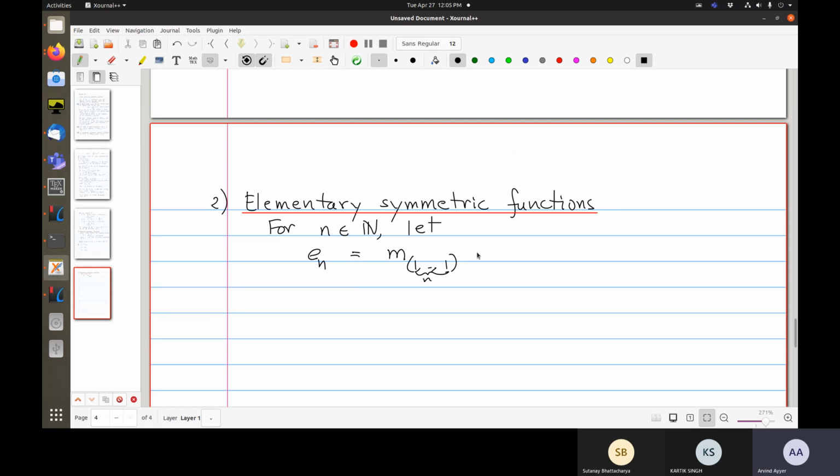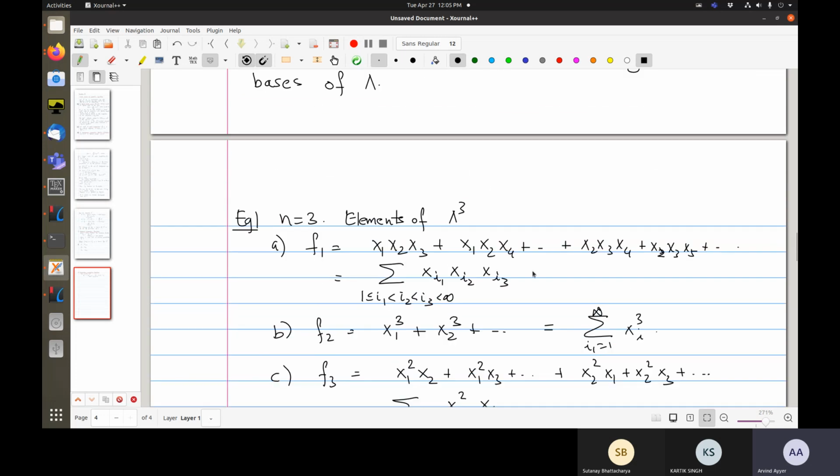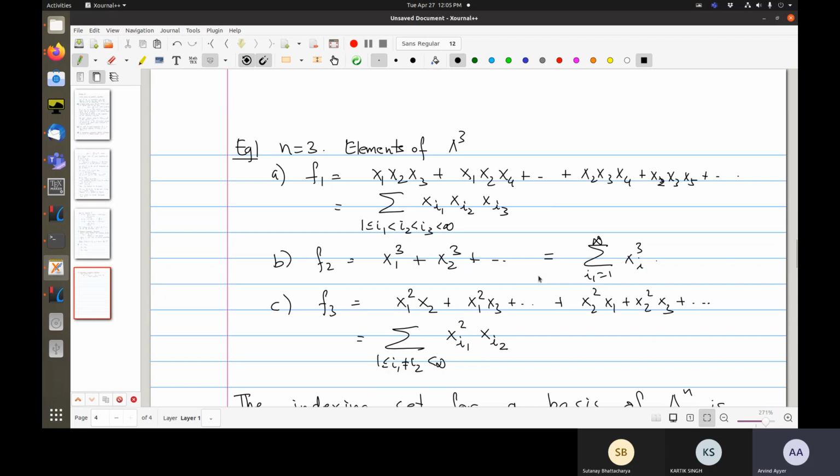Written more elaborately, this is the sum over 1 less than or equal to i1 less than i2 less than up to in, of x i1, x i2, etc. So think back to this example and generalize it.